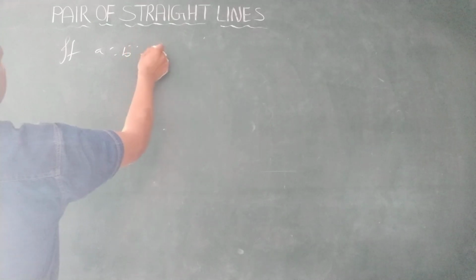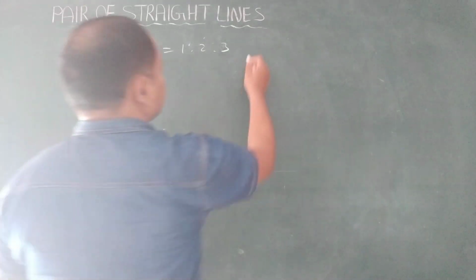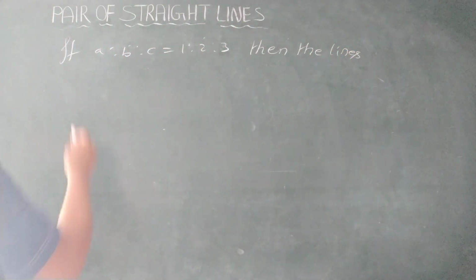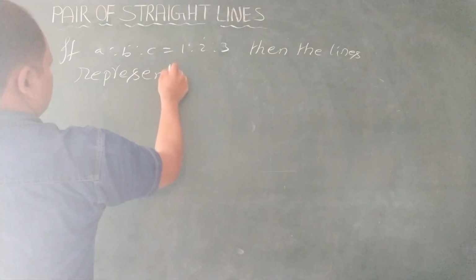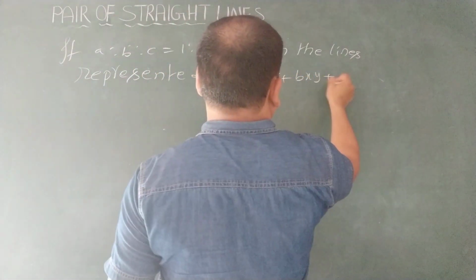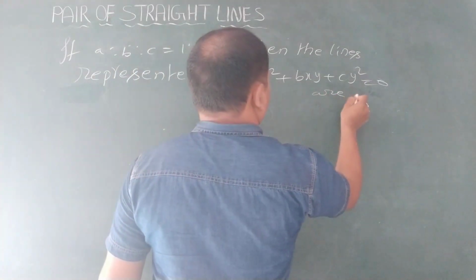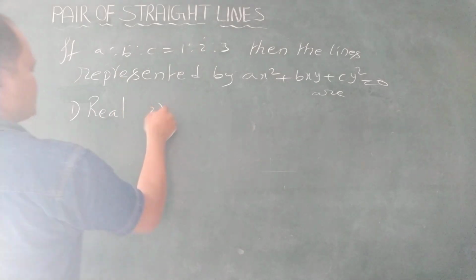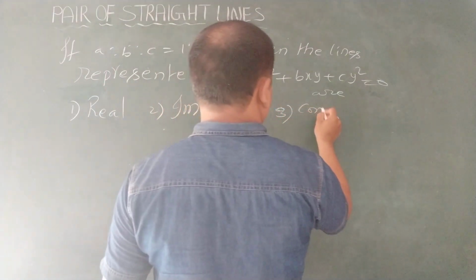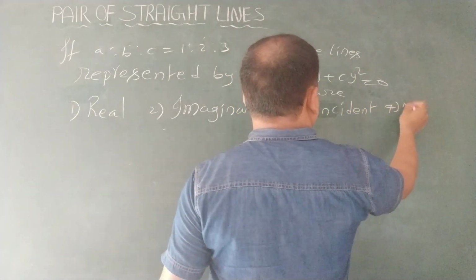If a is to b is to c is equal to 1 is to 2 is to 3, then the lines represented by ax square plus bxy plus cy square is equal to 0 are: first option real, second option imaginary, third option coincident, and fourth option none of these.